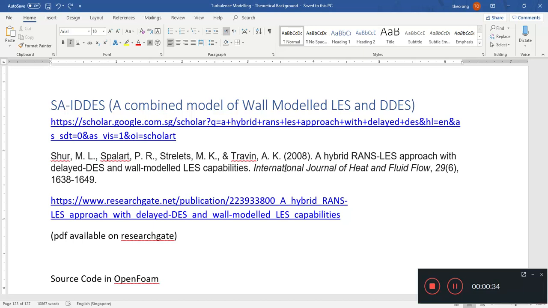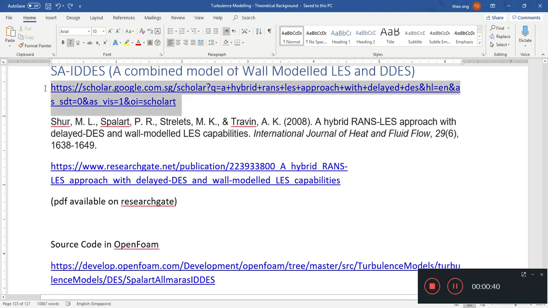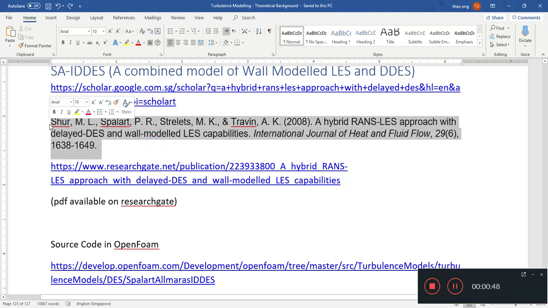Before I begin, I'd just like to go through some of the references where you can find this paper. You can go to Google Scholar, and you find this link over here. It tells you where this paper is coming from, and this is the citation for it. The paper is named A Hybrid RANS-LES Approach with Delayed DES and Wall-Modeled LES Capabilities.